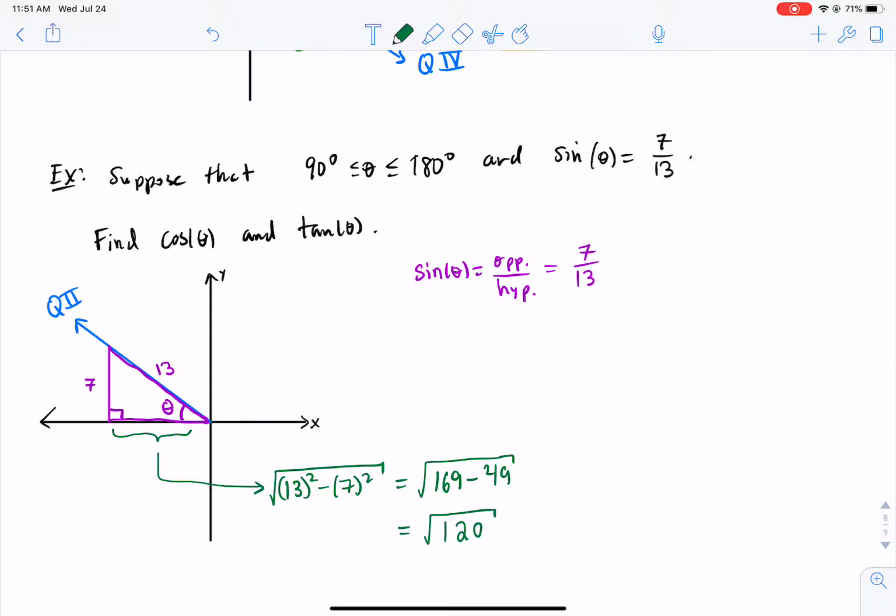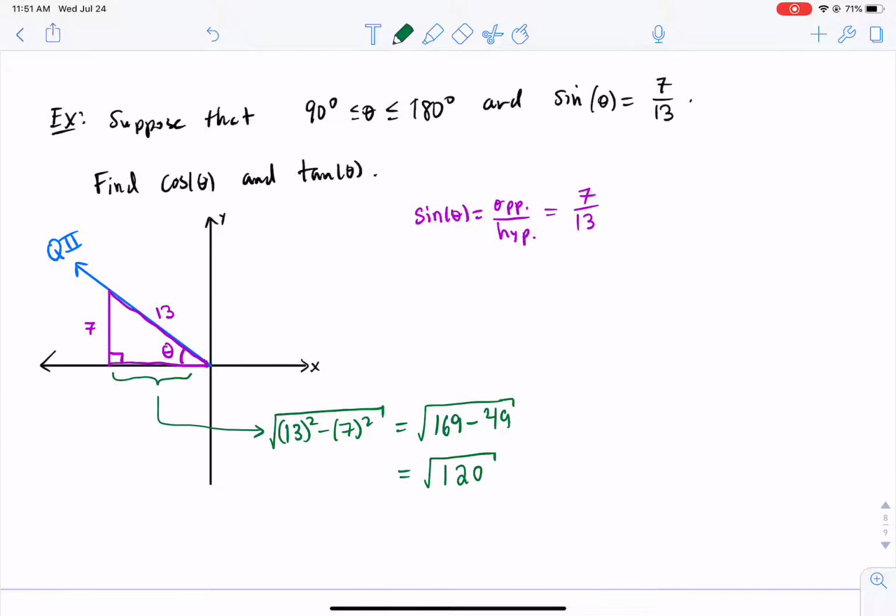And the square root of 120, we don't know what it is. If you want to simplify this, if you put 4 times 30, so 2 radical 30, if you want to rationalize and simplify things out.